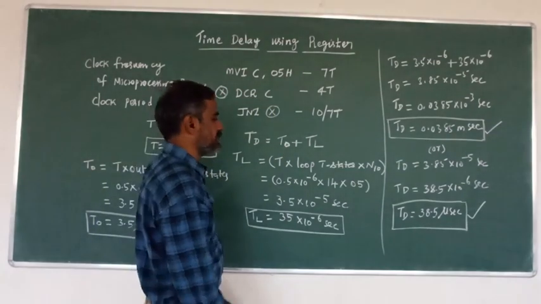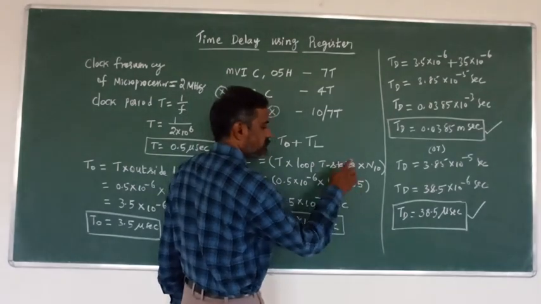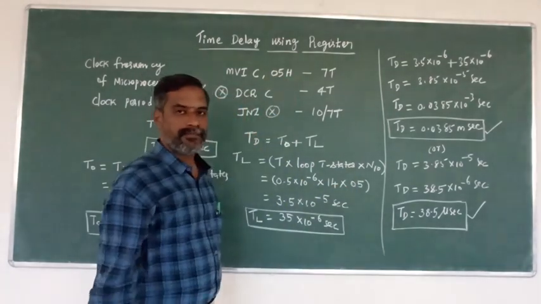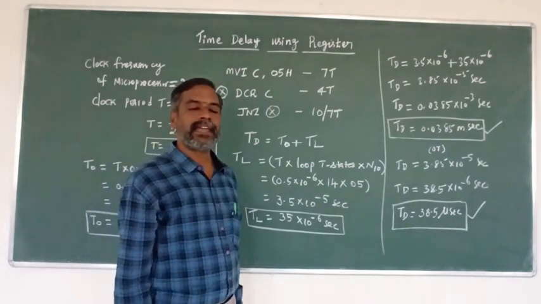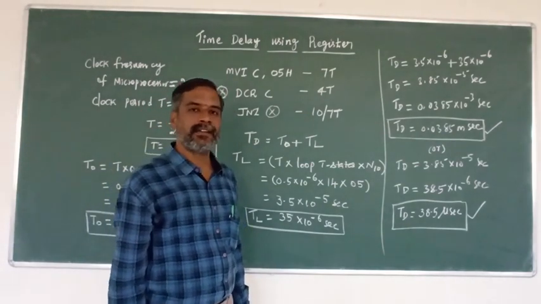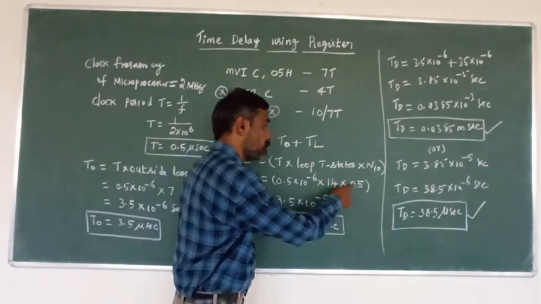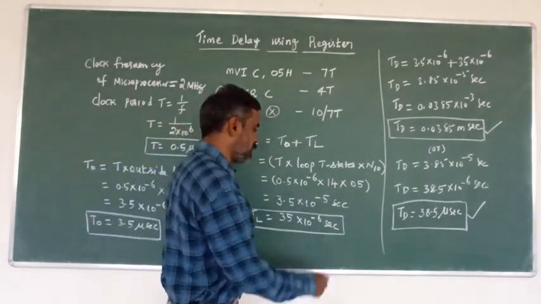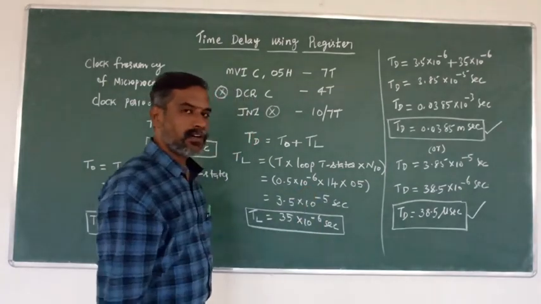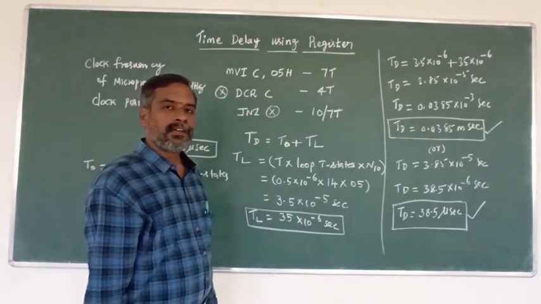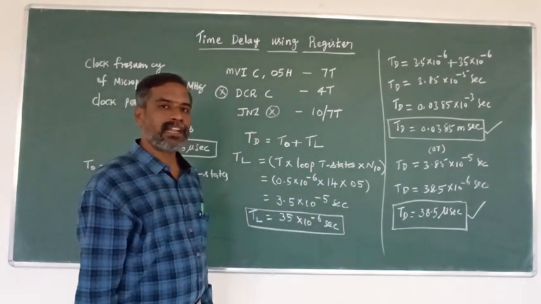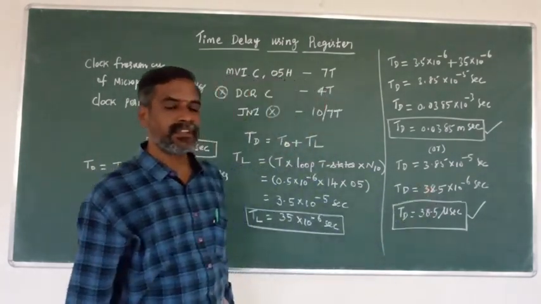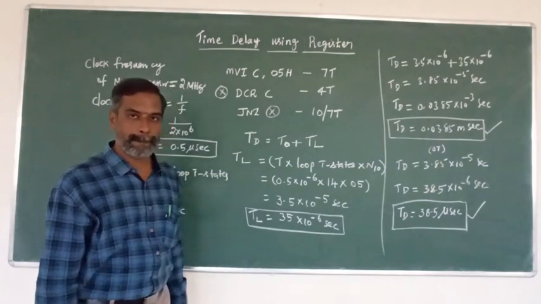Now to change the data, instead of 05, we can use FF. FF in hexadecimal has the corresponding decimal value 255. Now substitute 255 and multiply, and we can get the time delay value increased compared to the 0.5 value.